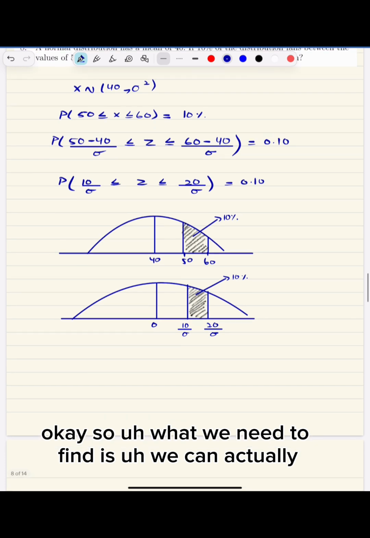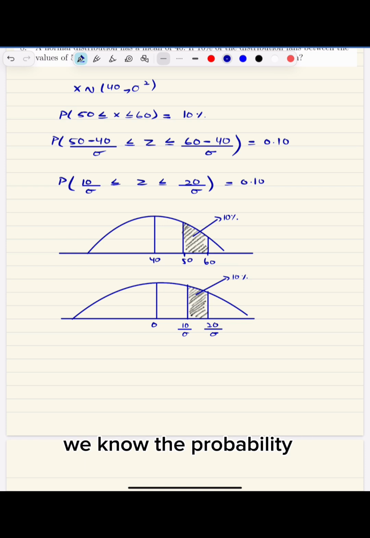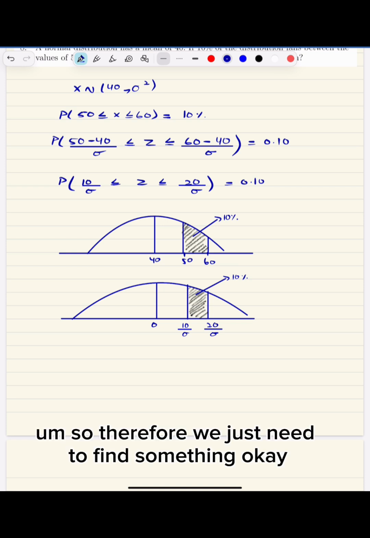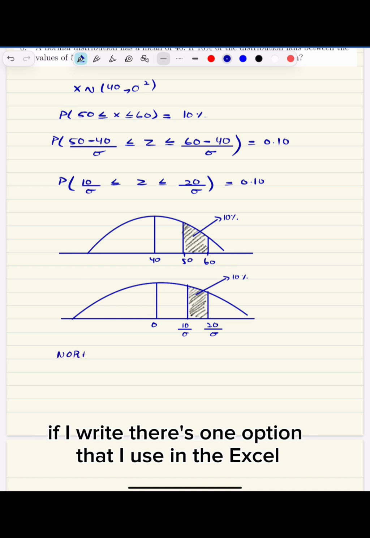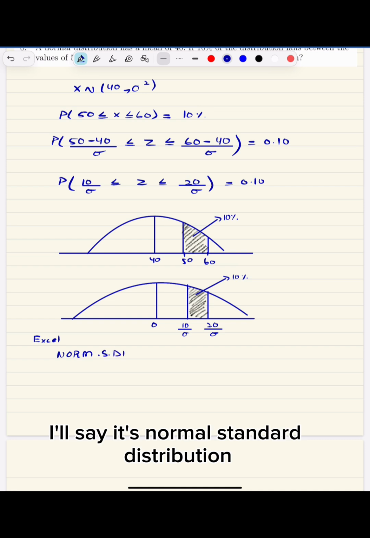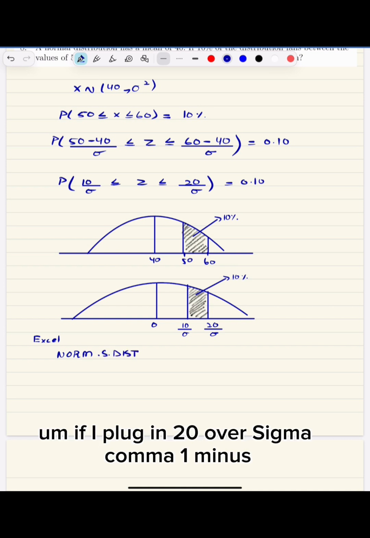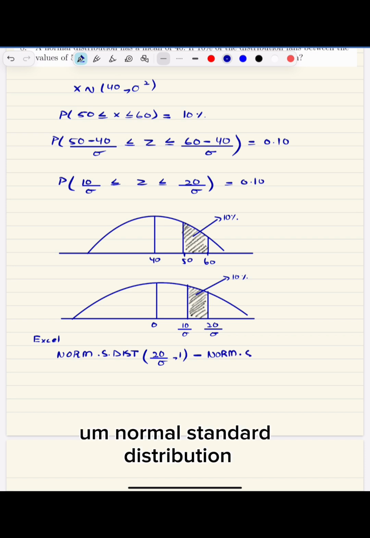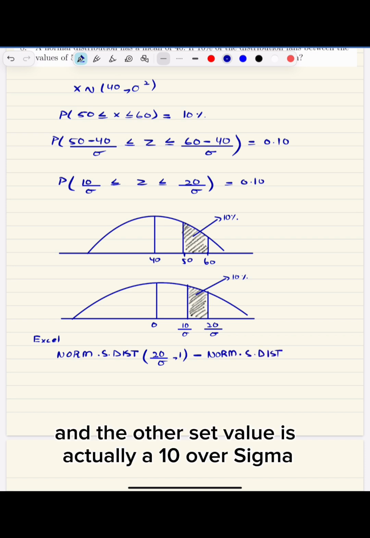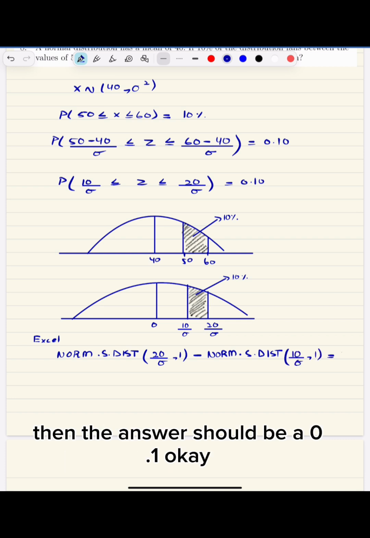Okay, so we know the probability, so we just need to find sigma. One option is to use Excel: NORM.S.DIST of 20 over sigma comma 1, minus NORM.S.DIST of the other Z value, 10 over sigma, then the answer should be 0.1.